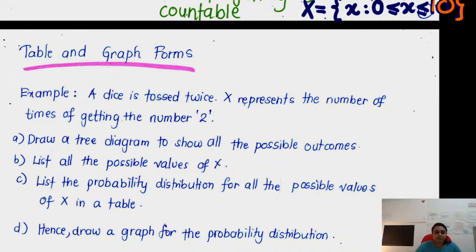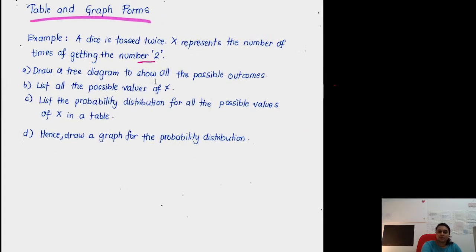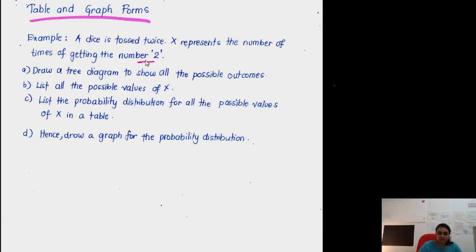A dice is tossed twice. X represents the number of times getting number 2. Draw a tree diagram to show all the possible outcomes. Can we do this together? Drawing a tree diagram. Let's start here. A, tree diagram.